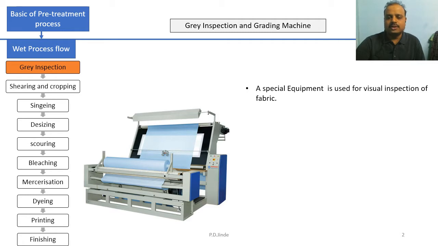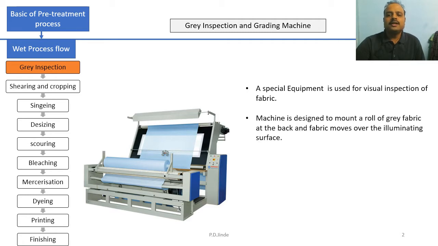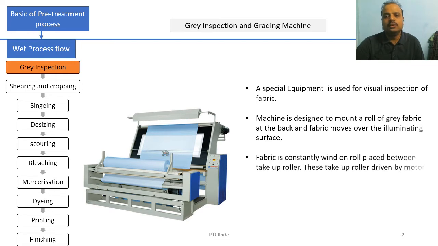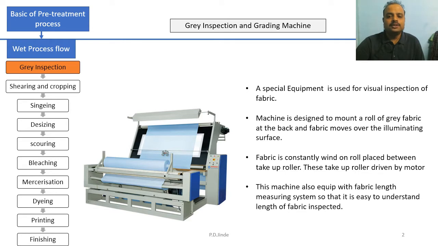The machine is designed to mount a roll of grey fabric at the back, and the fabric moves over the illuminating surface and ultimately winds onto a take-up roller. The take-up roller has a motor drive, right? And this machine is equipped with a measuring device, so how much length of fabric is inspected can be observed.